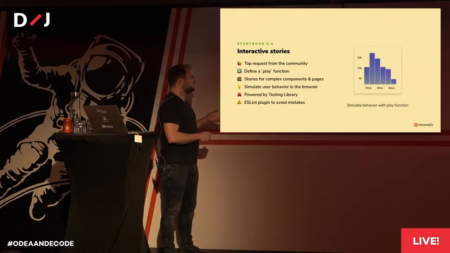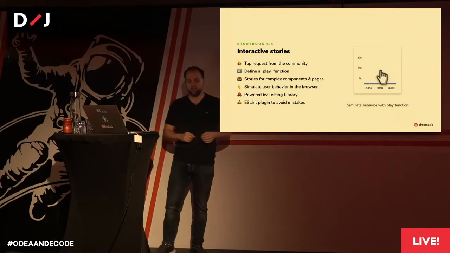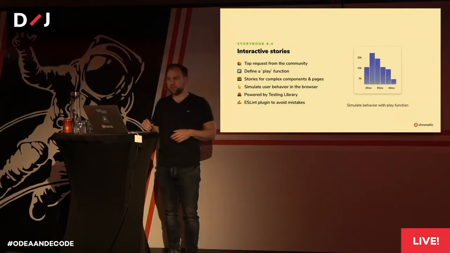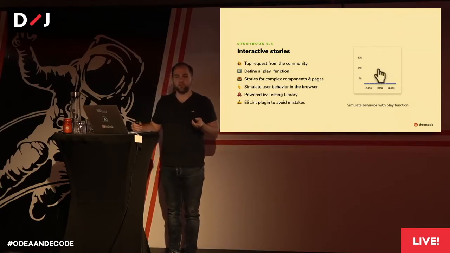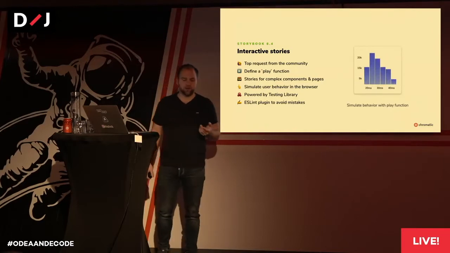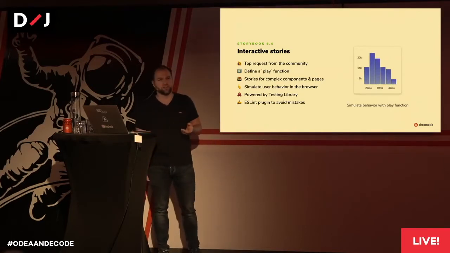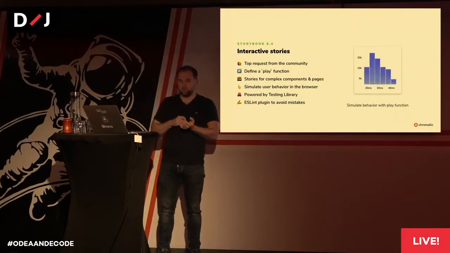The way that we do it is by simulating user behavior in the browser. And we didn't invent any of this. In fact, we're building on top of the shoulders of giants here. People in the front-end development world are likely familiar with Testing Library. Testing Library is the most popular choice these days for unit testing UI components.